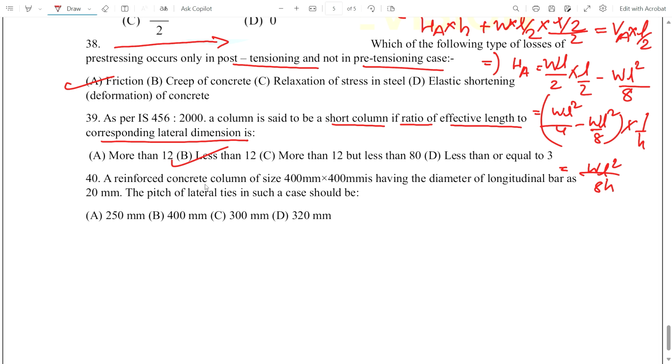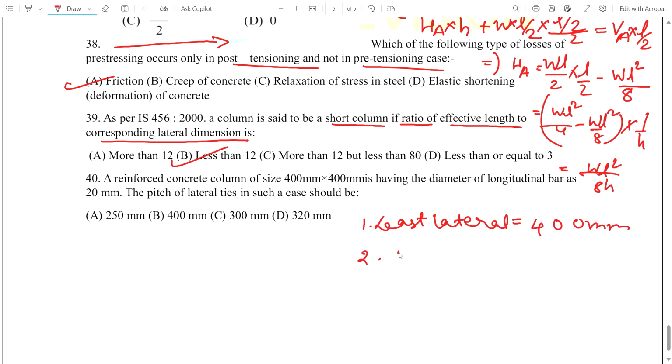A reinforced concrete column of size 400 by 400 has longitudinal bars of diameter 20 mm. What is the pitch of the lateral tie in this case? For pitch calculation we must remember three things. First, the least lateral dimension, which is 400 mm.